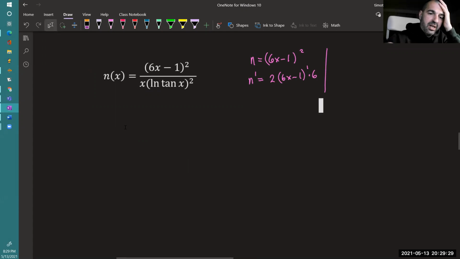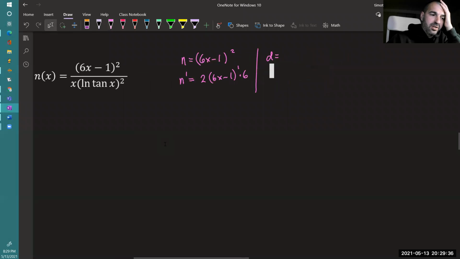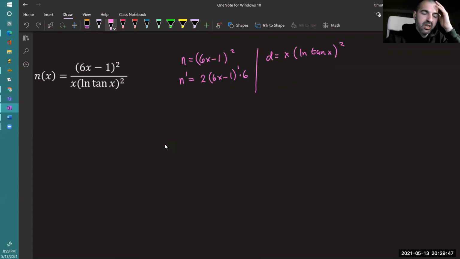Then I'm going to set up my denominator as well, which I guess I'll write right here. My denominator is x times the natural log of tan x squared. All right. So now my derivative is, I've got a product rule overall here.